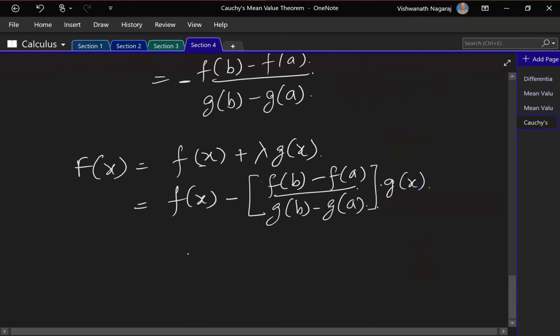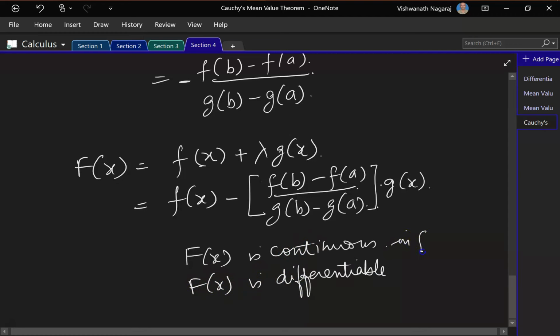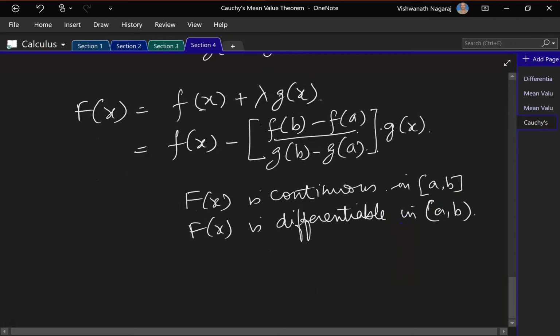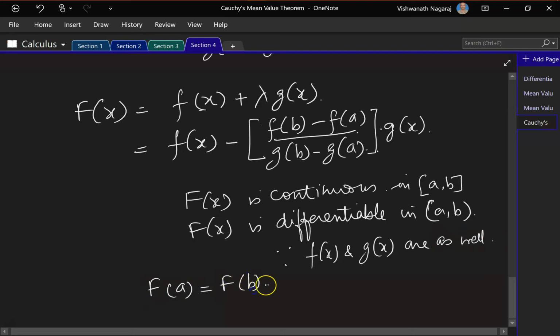Now here capital F of x is continuous in the closed interval [a, b], and differentiable in the open interval (a, b). That is because both f of x and g of x are continuous and differentiable as well. Now capital F of a is equal to capital F of b. Why?